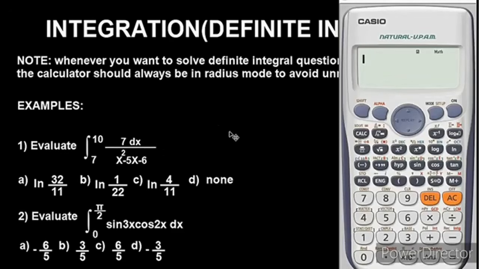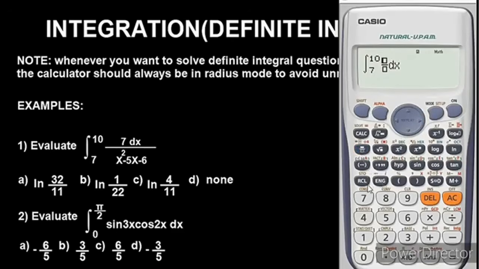So having known that, let's input these values in the Casio calculator. To start with, you bring out the integral symbol, then move your cursor up and input the upper limit value there. So upper limit value there is 10. You come down, lower limit value is 7. You move your cursor to this empty box and input the values there.